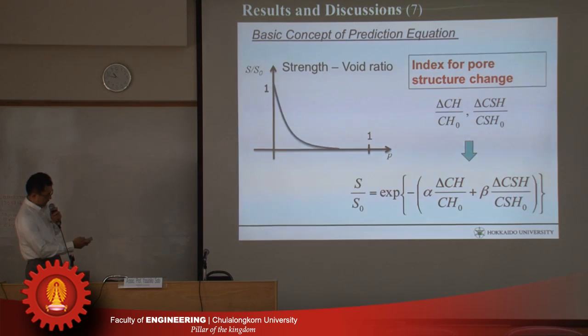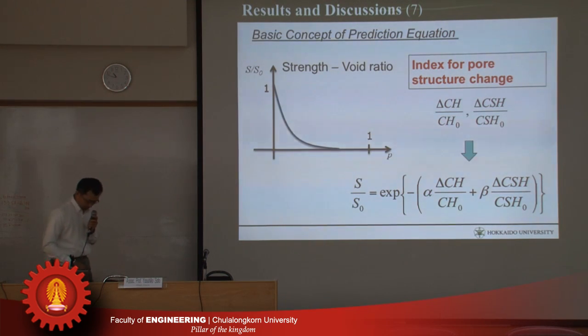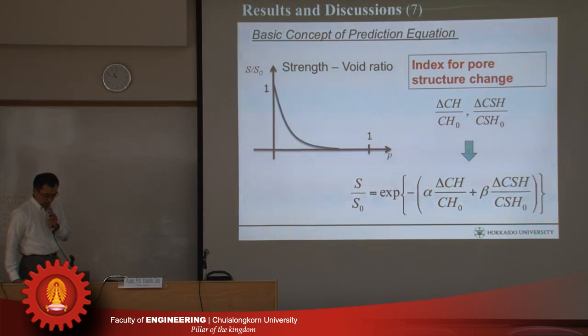Please allow me to explain this slide. As you maybe understood, the strength could be changed, and the hydrate was also changed. So maybe we can connect them based on the amount of hydrate change.